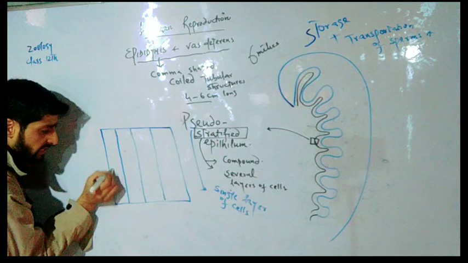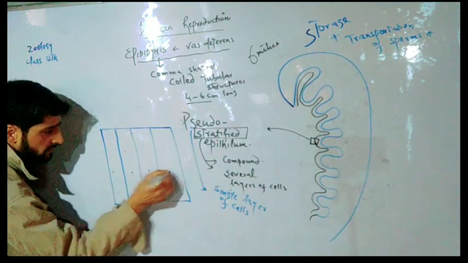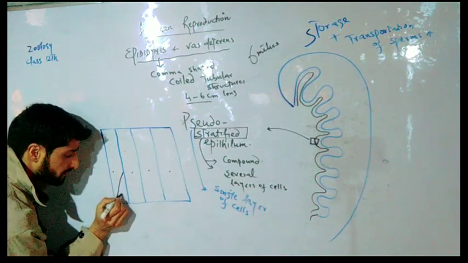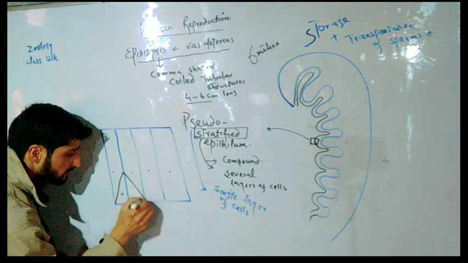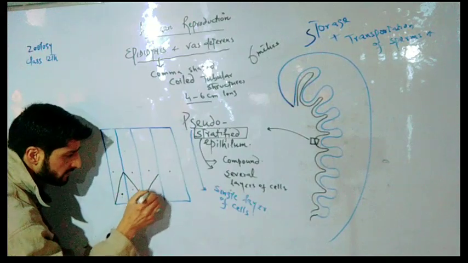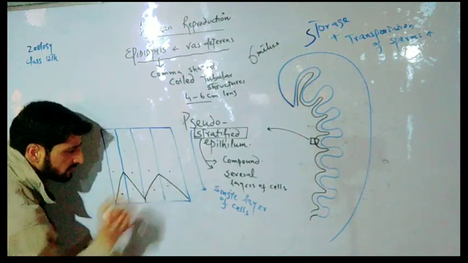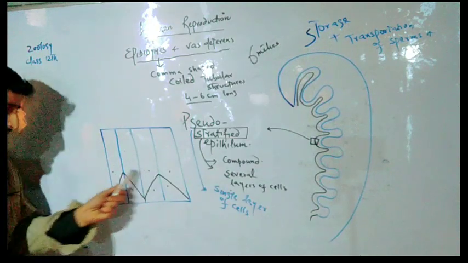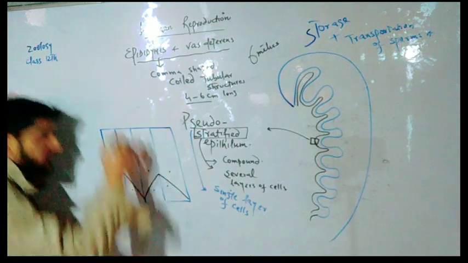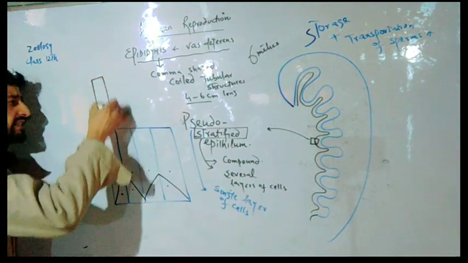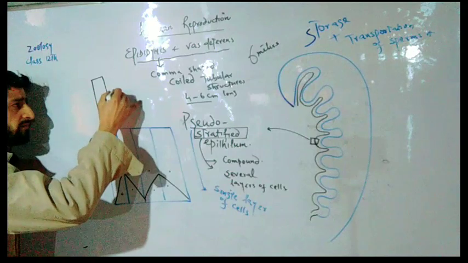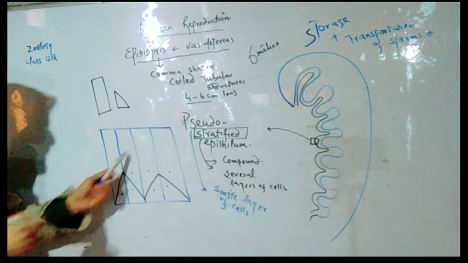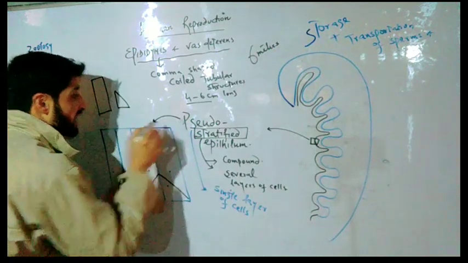One is the tall cells that you see on the diagram, and second is the short cells. This epithelium is known as pseudostratified epithelium.